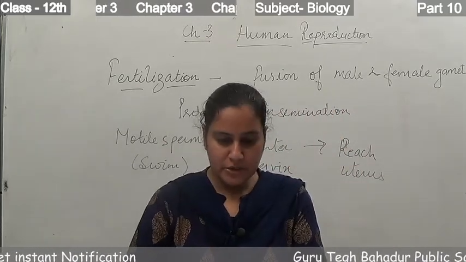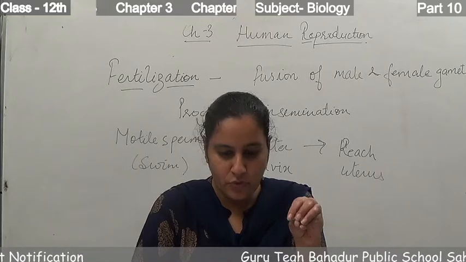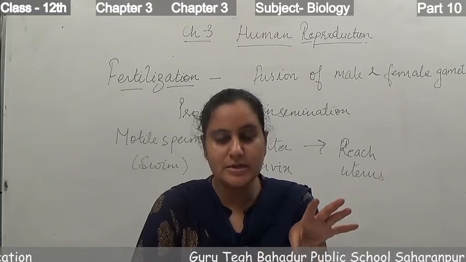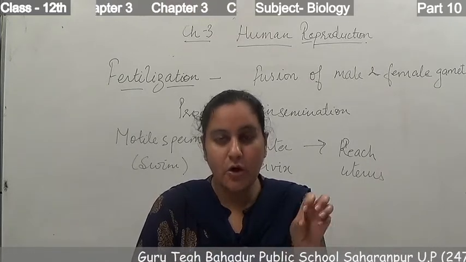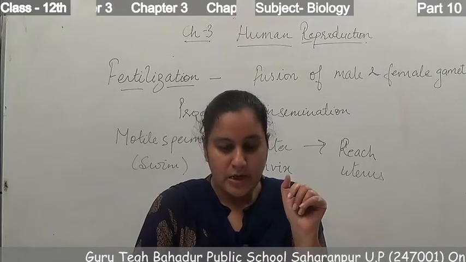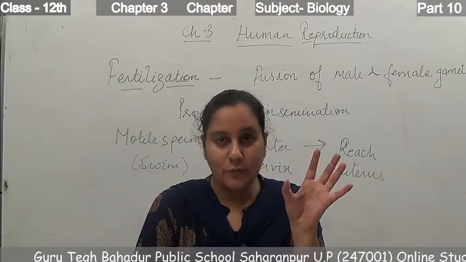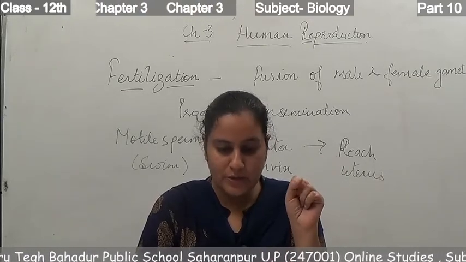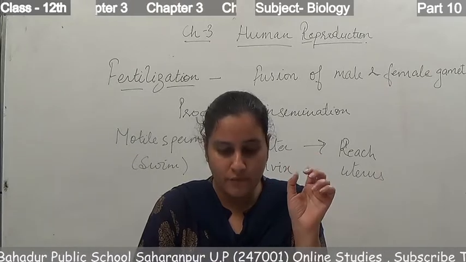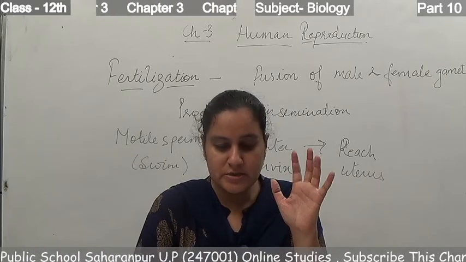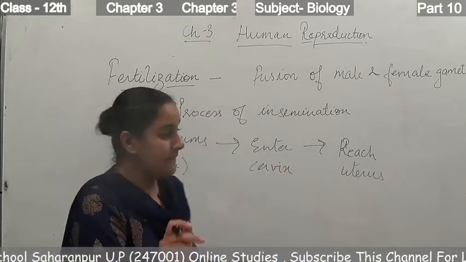Now after reaching the uterus, they move to the ampullary isthmic junction of the oviduct. Now when the sperms come in contact with the zona pellucida layer of the ovum, they induce changes in that membrane. What happens?